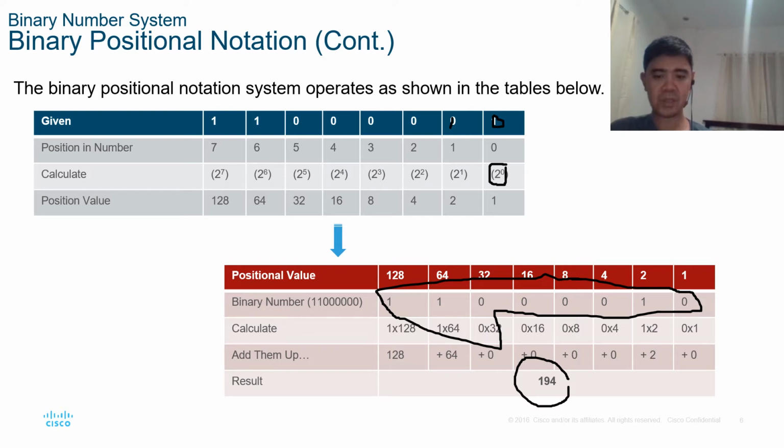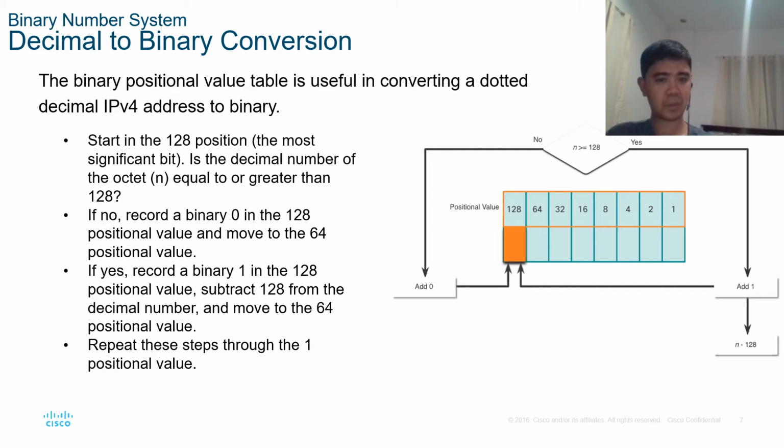So this is 194, the decimal value of this given binary value. We will have more practice exercises in the IP addressing workbook. I will give that during our live session for me to know that you really understood the binary decimal conversion. We'll work on this binary decimal conversion during our live session.